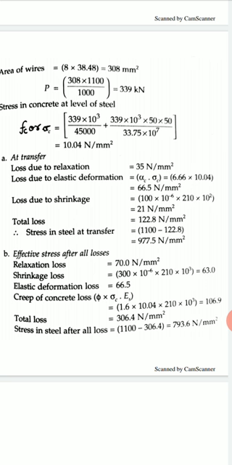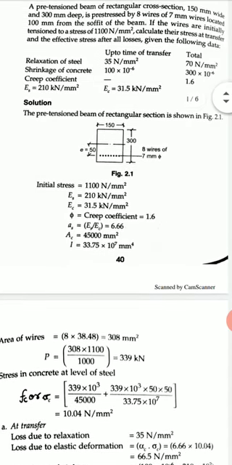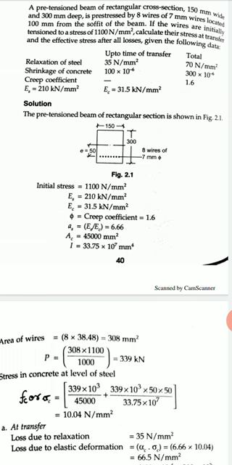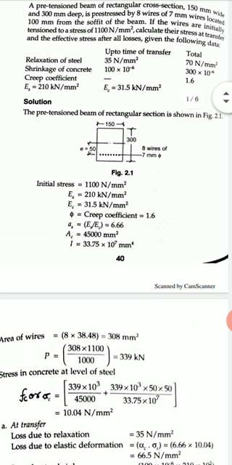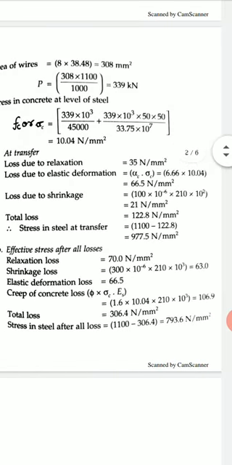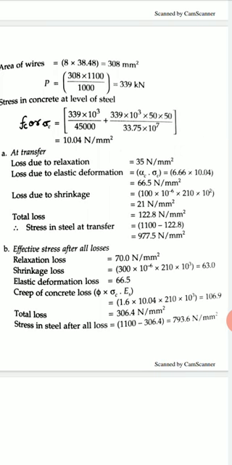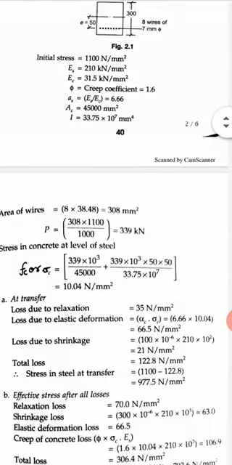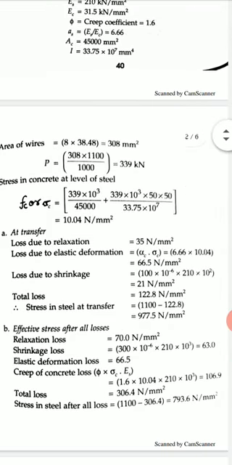Then loss due to shrinkage is the given value into Es. When we see here shrinkage of concrete, the given value is 100 into 10 raised to minus 6 in the given data. That has to be multiplied by Es, that is modulus of elasticity of steel.